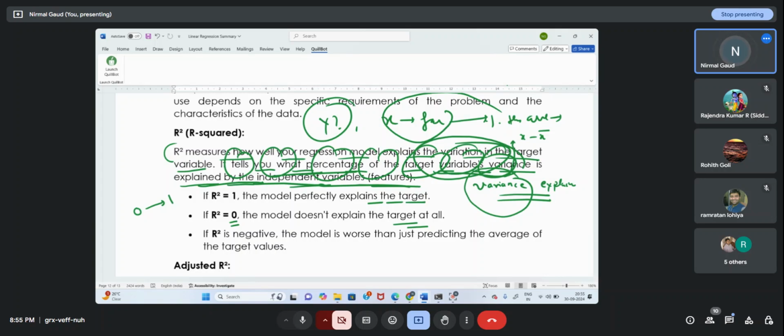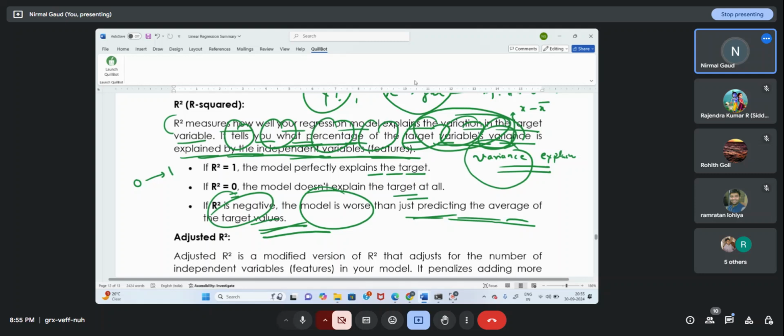Sometimes you get negative R2 also, when your data pre-processing is poor. And if you have done it correctly also and got low R2, or sometimes negative, the model is worse. That means it is just predicting the average of the target values, nothing else.